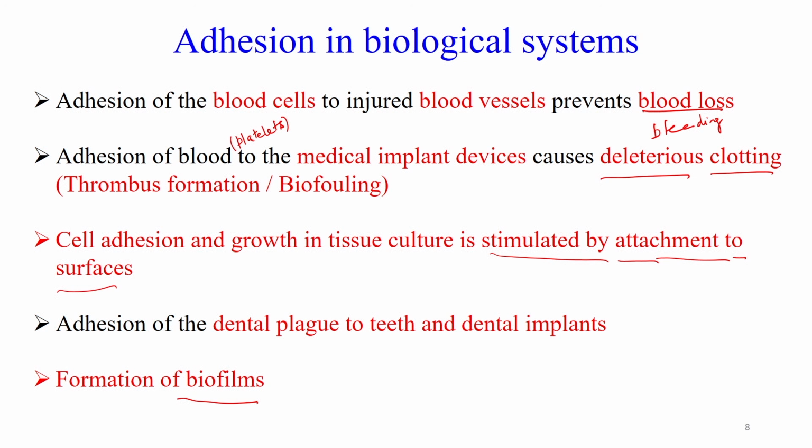Also, the cell adhesion and growth, particularly in the tissue culture, is stimulated by attachment to the surface, or you can say they require some sort of anchorage and adhesion of cells on the biomedical implants like teeth, dental and bone implants, and of course, the formation of biofilms on any surface. So, these are the few examples where you see the adhesion of the biological components taking place on different surfaces.